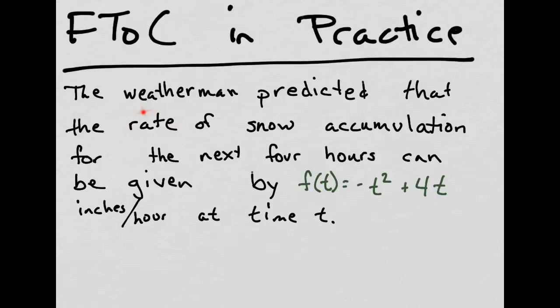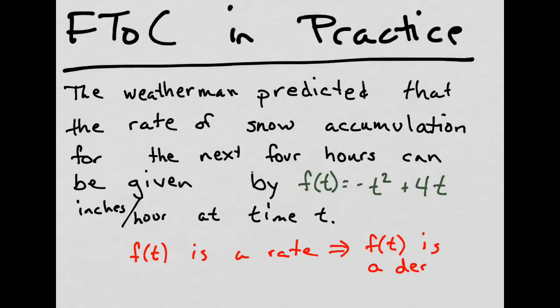So the rate is given by this function. So if the rate is given by this function, then this function is a rate. And indeed, we're going to make a note here, f of t is a rate, which means f of t is a derivative.